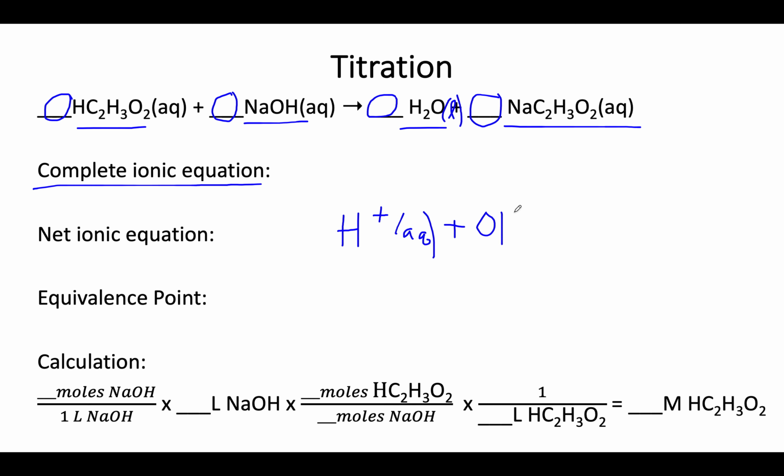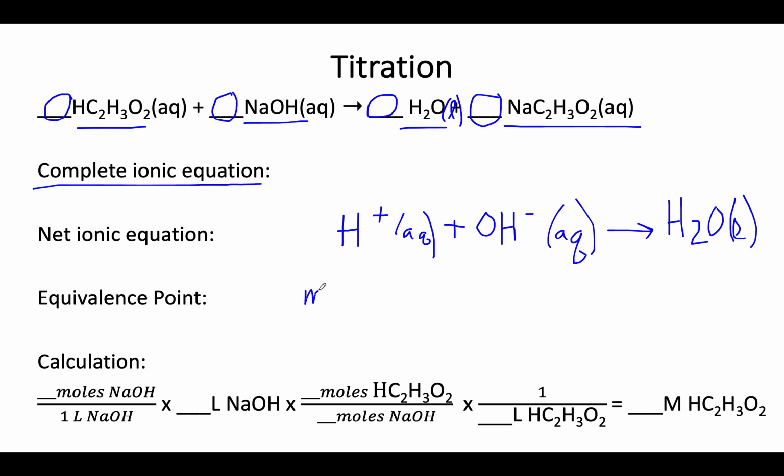So that's our net ionic equation. So you could actually write the calculations based on H+ and OH-. In this case, I wrote the calculations based on the full formula of the acid, HC2H3O2.